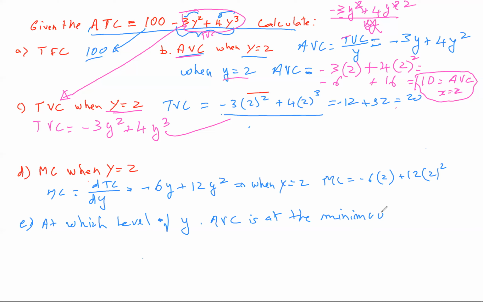So to find an extreme point, okay, to find an extreme point, so minimum is an extreme point, right? So we have average variable cost there, okay.